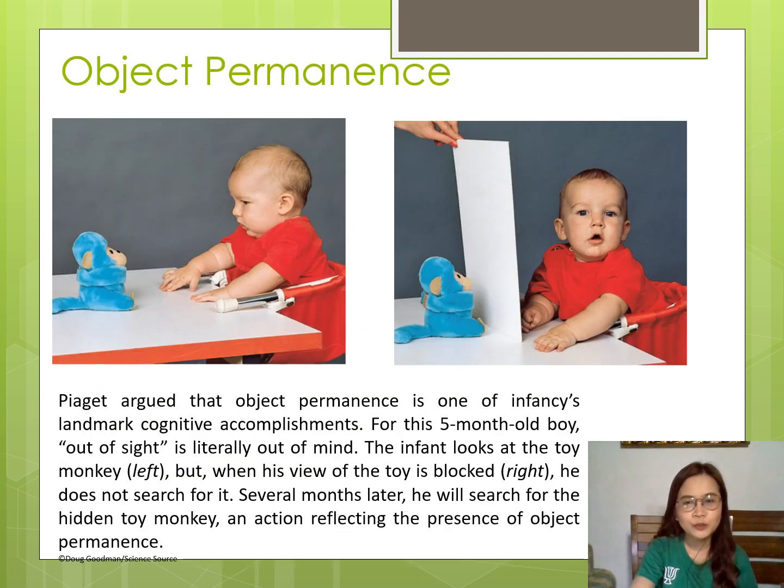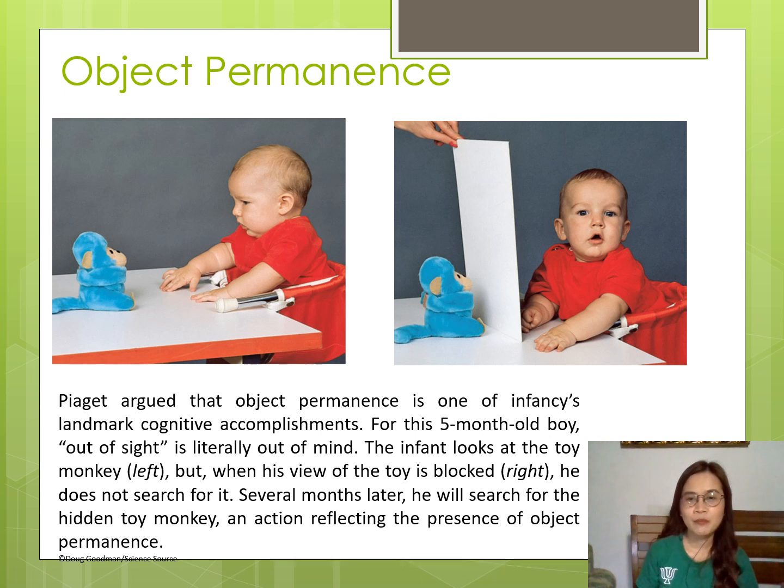Ayan. Ito yung sinasabi ko kanina na object permanence. So, at first, once na hindi pa nga natin na-differentiate yung ating self as a separate entity from the environment, wala pang object permanence. So, Piaget argued that object permanence is one of infancy's landmark cognitive accomplishments.